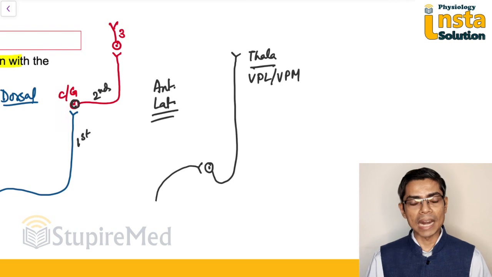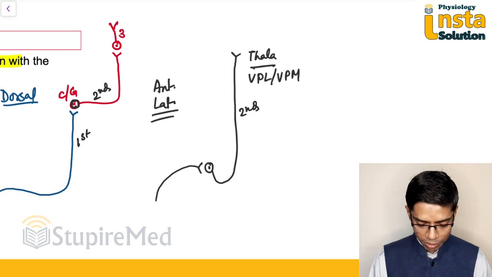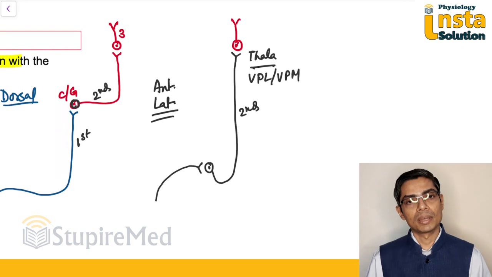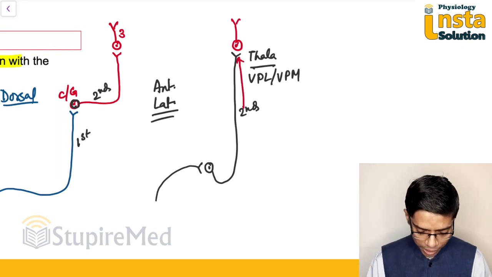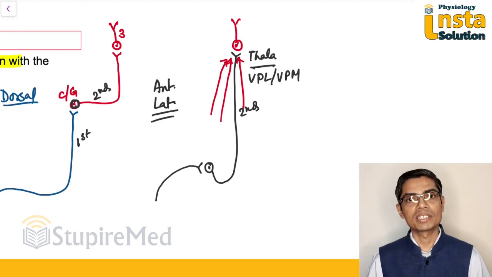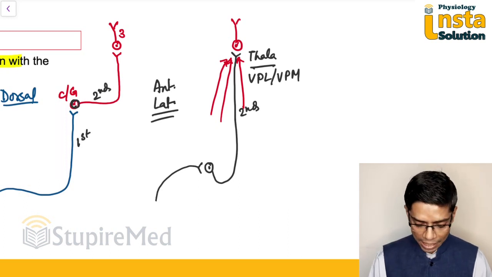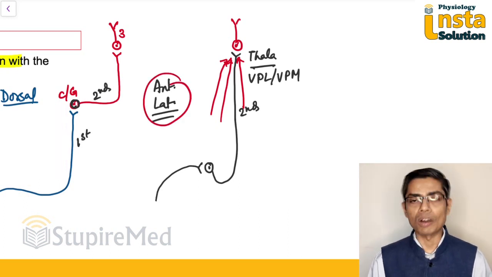But in the anterolateral column, a huge number of these second order neurons converge on the same third order neuron. Because of this huge convergence of neurons on a single third order neuron, the fidelity of the anterolateral system is lost.